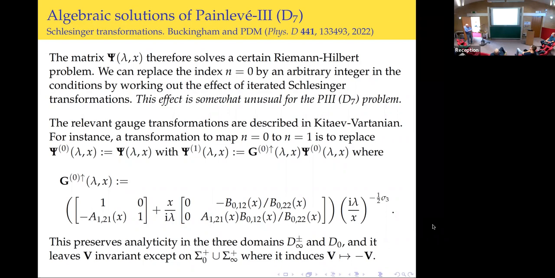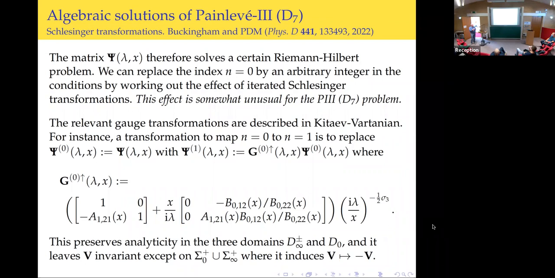So this is just a simple multiplier that we explicitly build, and then we multiply on the left this way. And you can check that the effect of it is actually to preserve the analyticity of the function psi 0 in all three domains. So it's still an analytic function in all three domains.